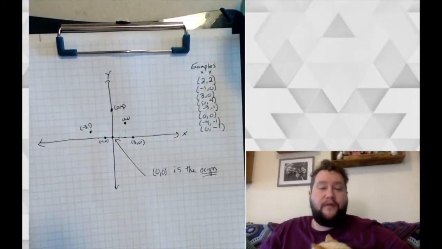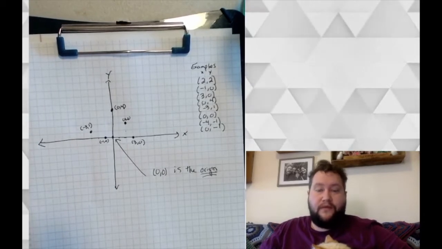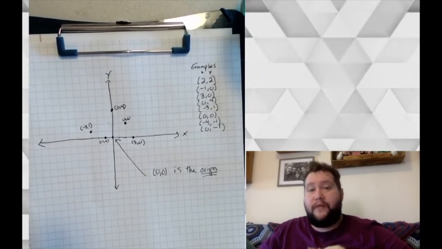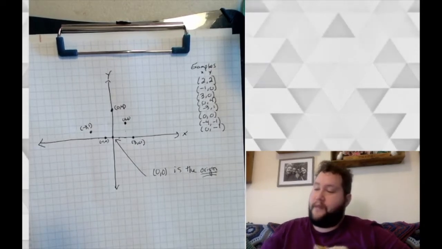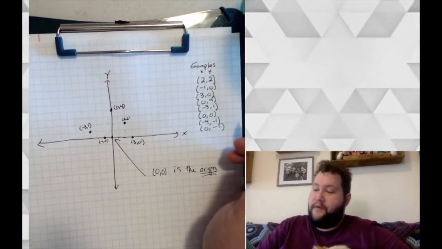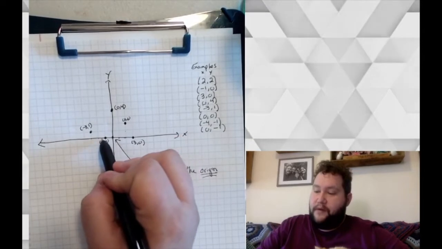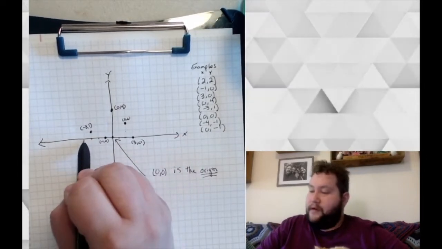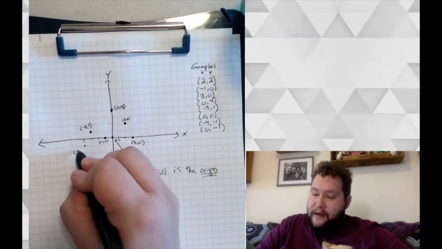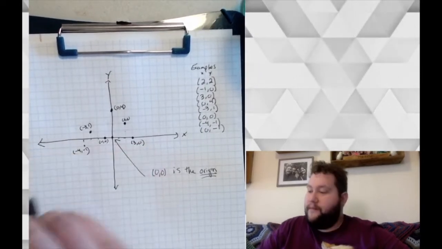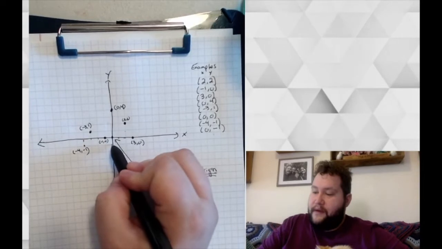Wherever that point is, where the two number lines meet, where both x and y are 0, we call that the origin. Then -4, -1: x is -4, 1, 2, 3, 4. Oh, and it's -4, -1. So here we have -4, -1, and then 0, -1.